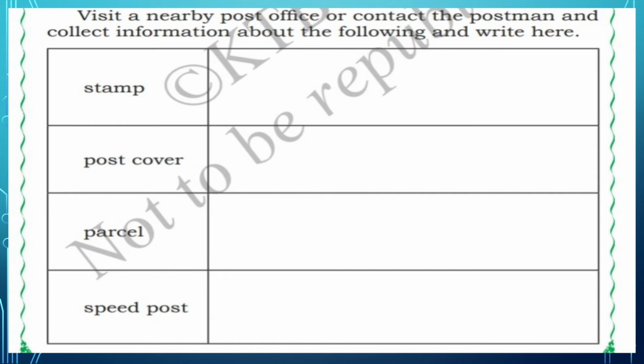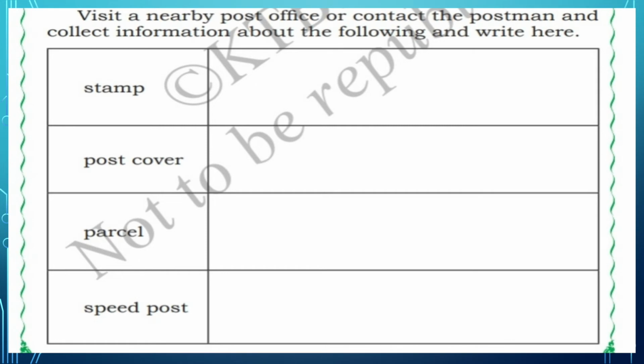Visit a nearby post office or contact the postman and collect information about the following and write here. What you have to do is visit the post office in your area, or else if you find any postman, you can ask him for the information and write it below.